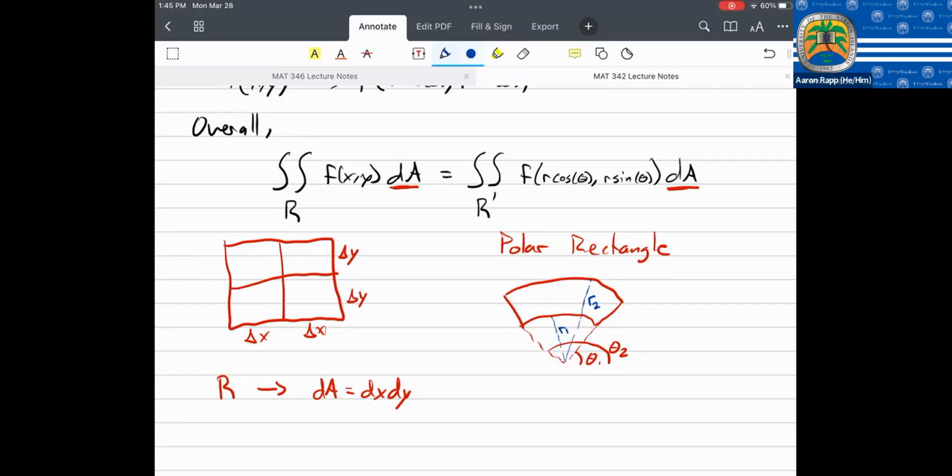So I want to figure out how to calculate the area of this region in between these two radii. Well, I can't go to my normal length times width for the area because there's curvature. But this is coming from circular coordinates, which means this is part of a circle. So I can find the area of a sector of a circle.